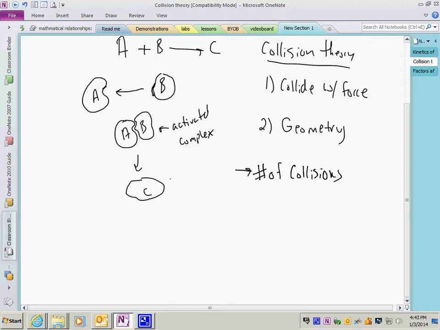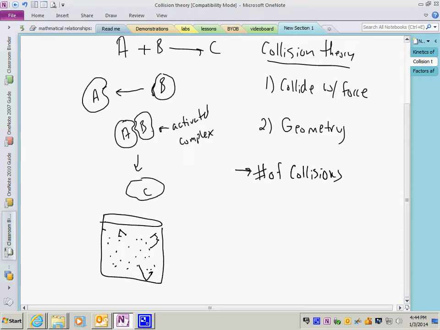Now, as these particles are flying around inside of a container, let's say we have a mock container here, and A and B, let's say they're gases, or they could even be liquids, it doesn't matter. A and B are simply flying around, and dots represent both A and B, and they're flying around at pretty good velocities, bouncing off walls, bouncing off of the container or whatever other particles, and they randomly collide.